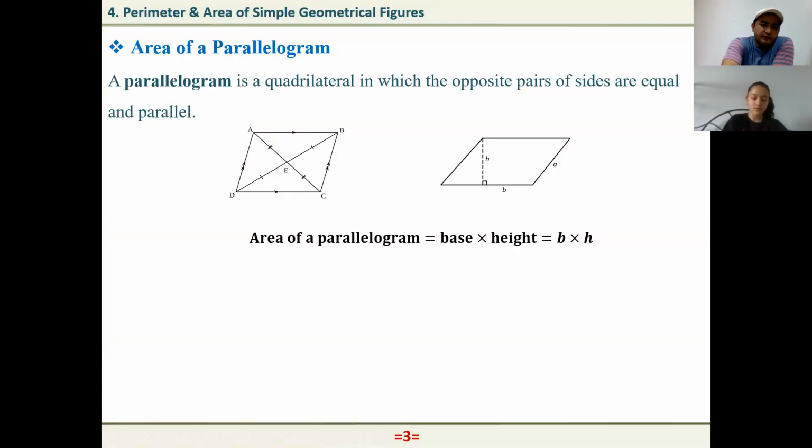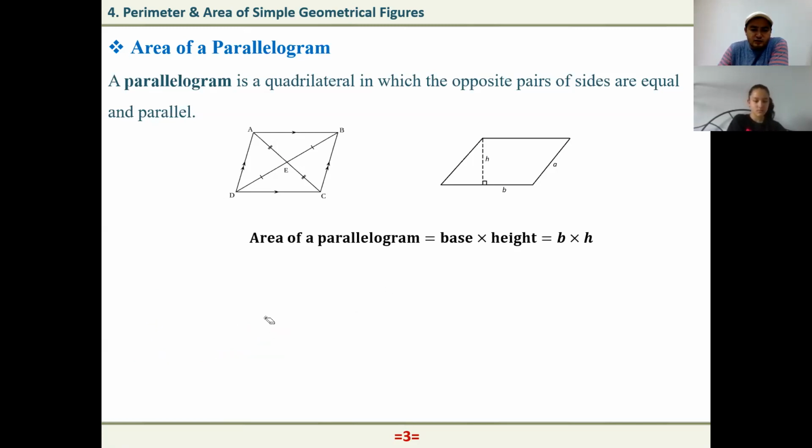So we will start with the parallelogram. It is another special quadrilateral. When we say quadrilateral, we think of any flat closed shape that has four sides, right? For example, it is this, and this, maybe this, and this. All sides are straight.